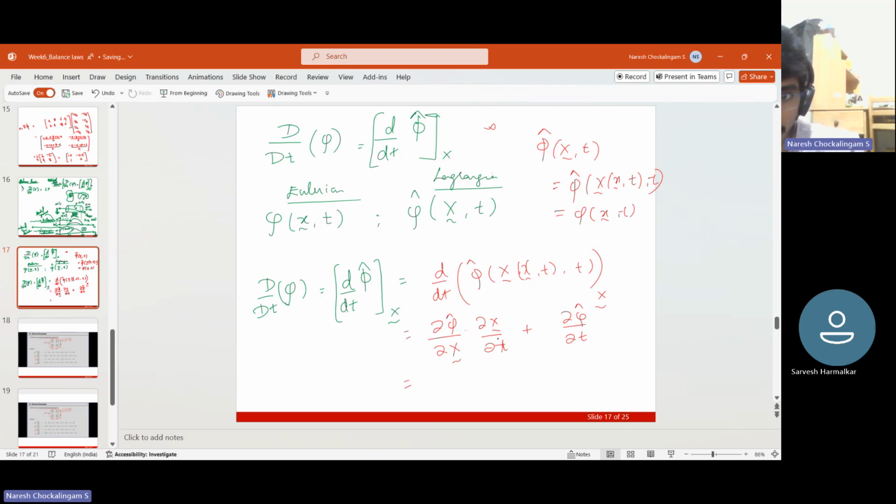So what is this? What is the rate of change of position of a given particle with respect to time? That is the velocity.